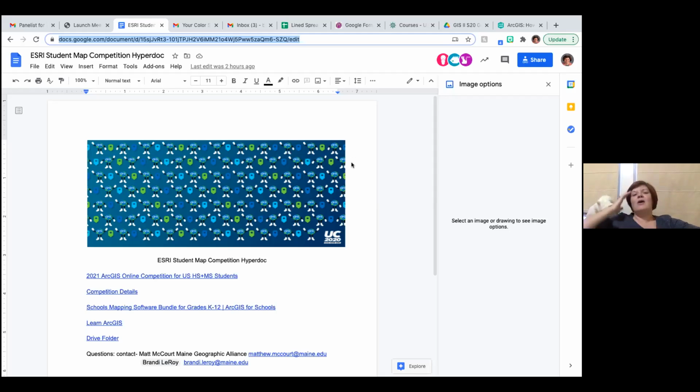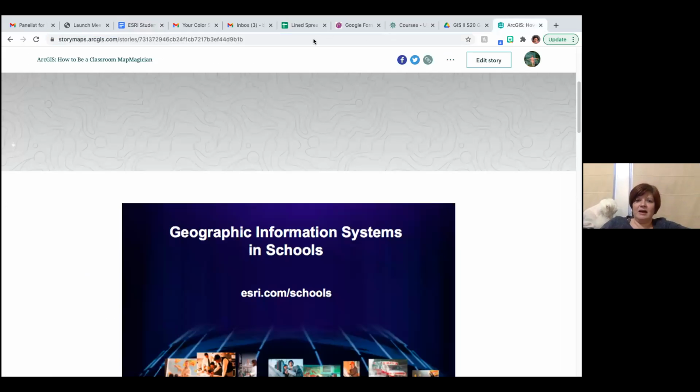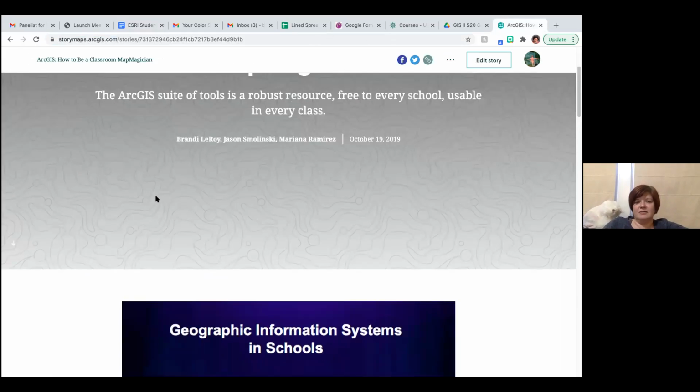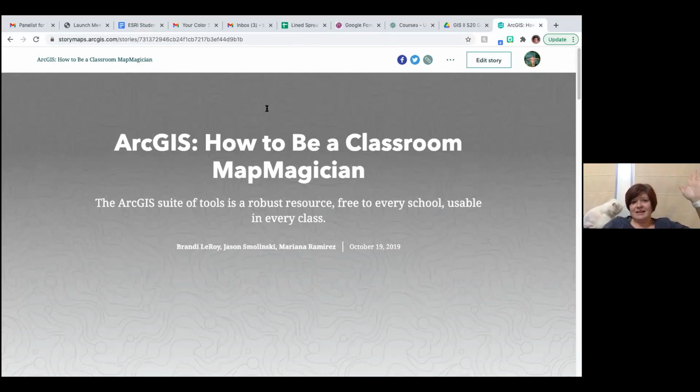Okay. So ArcGIS, I'm going to kind of go over the basics since we have some beginners on here on getting an account. I have recycled this story map.